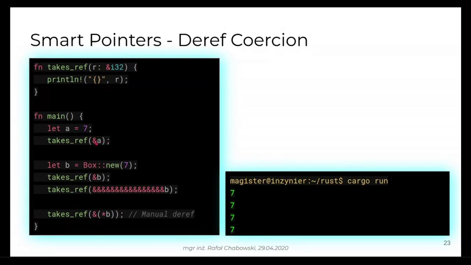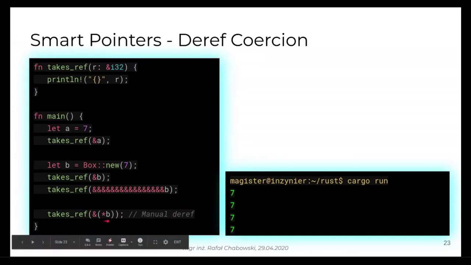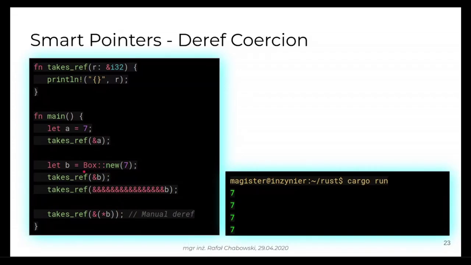So you can use a regular reference, you can use Box, you can use this strange construction. And if there is no Deref coercion, you're going to need to do it manually, and this strange combination of characters will be required. So just for convenience, this mechanism was introduced. So you can just drop a Box or other smart pointer everywhere where a regular reference is expected.